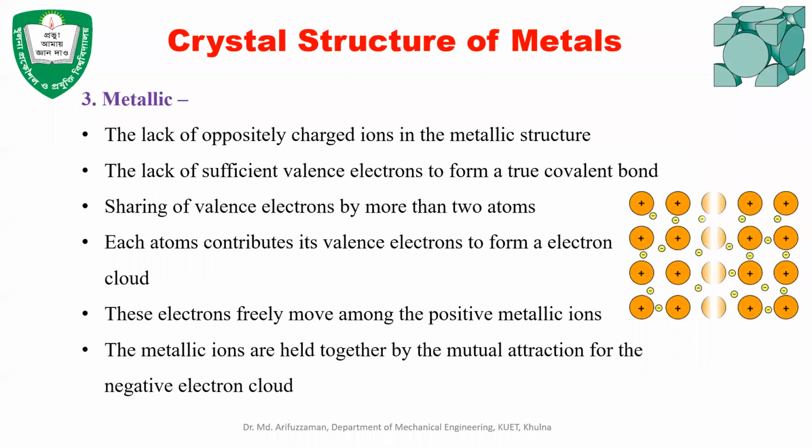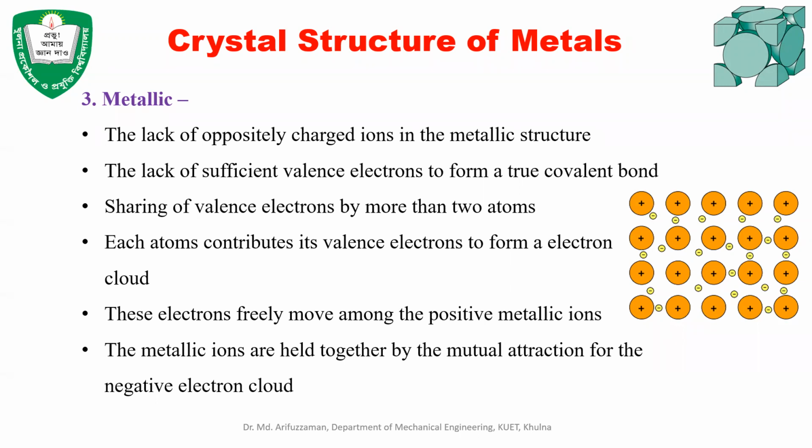The third one that we need to really understand is the metallic bond, because we're going to study the crystal structure of metals. So what is the background here? The metallic structure lacks oppositely charged ions, because if it is aluminum, everything is aluminum, so there are no negatively charged ions present in the metallic structure.